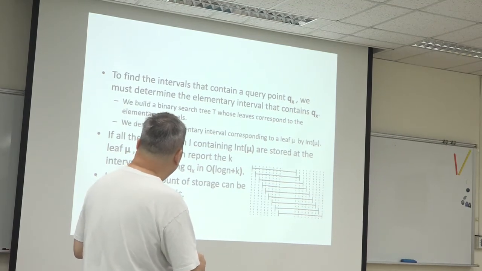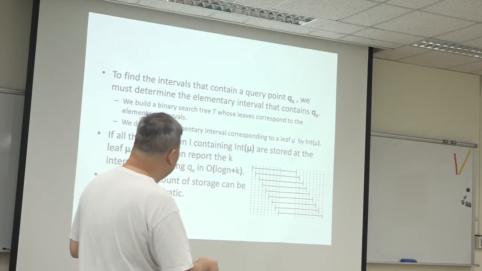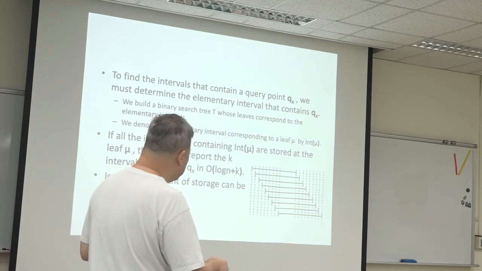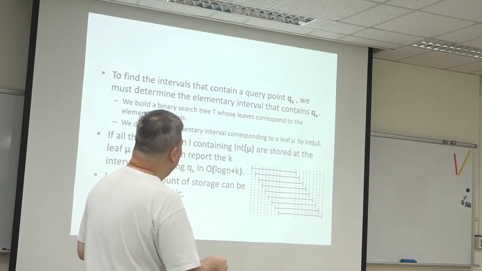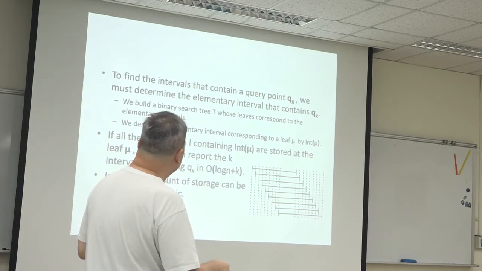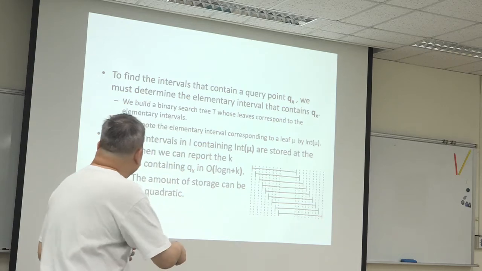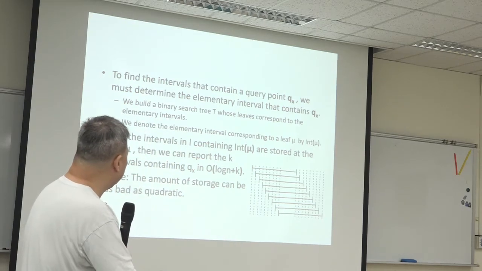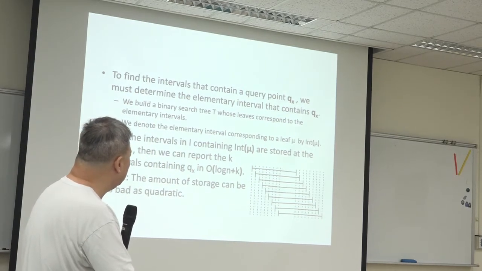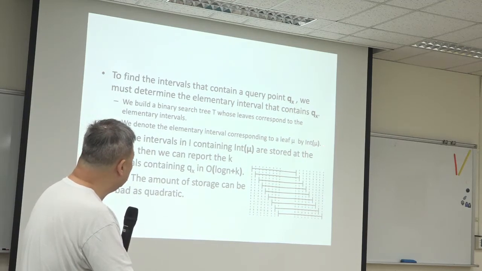Each leaf node corresponds to an elementary interval from left to right, and we denote the elementary interval corresponding to a leaf mu by int(mu).